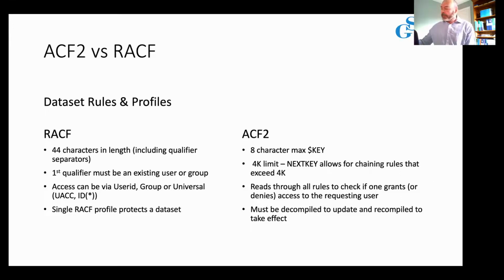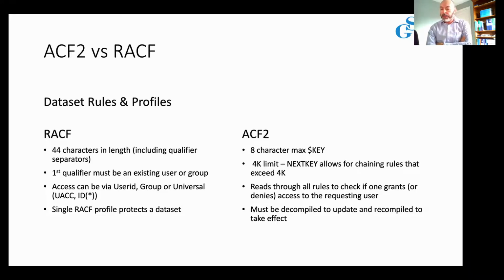Data sets on RACF and ACF2. RACF data set profiles can be 44 characters in length. This includes qualifier separators. On RACF, you can have as many qualifiers that will fit into 44 characters, but the first qualifier must be an existing user or a group, and no qualifier can start with a number.